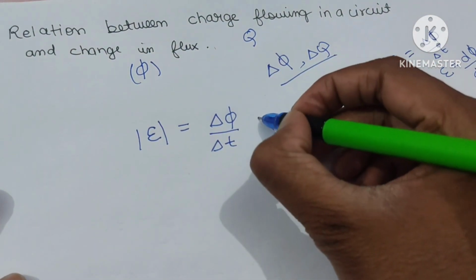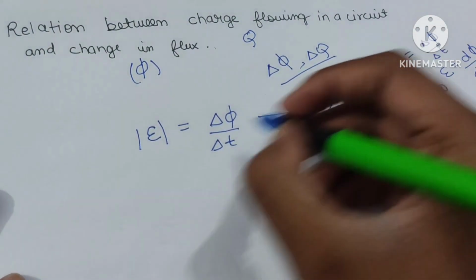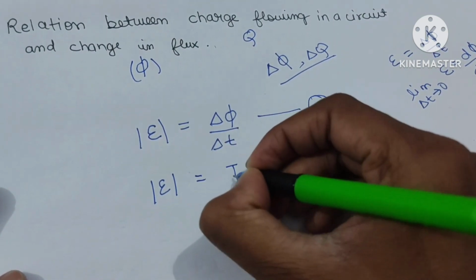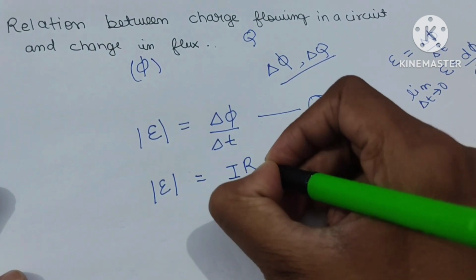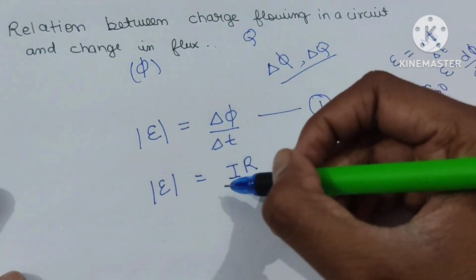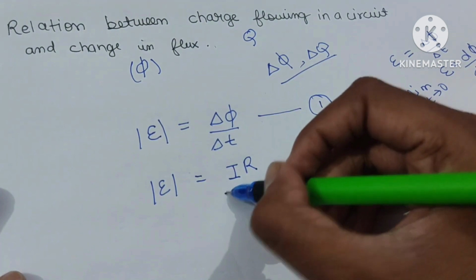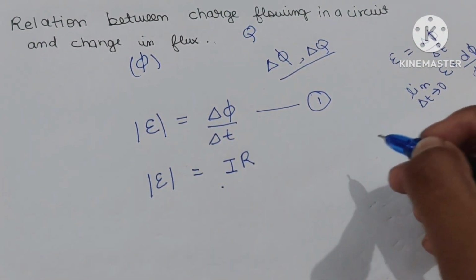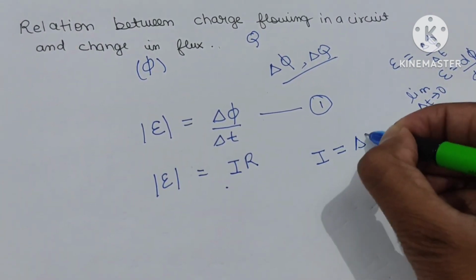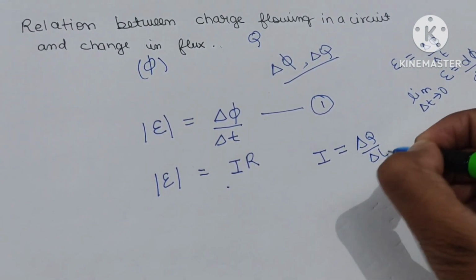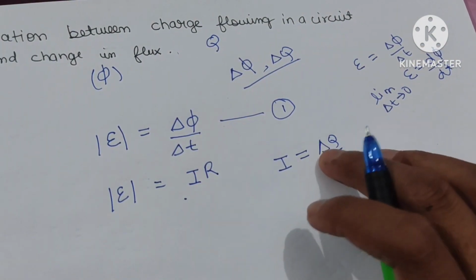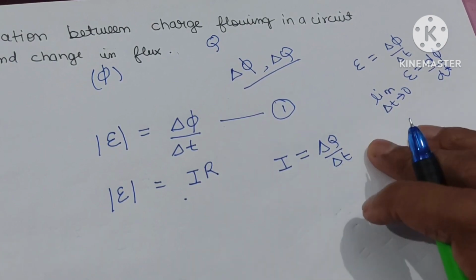Take this as equation 1. And you should know the EMF is equal to IR, which is from Ohm's law. Now you should know the value of I. I is equal to del Q by del t, a similar form: the change in charge flowing through the change in time.